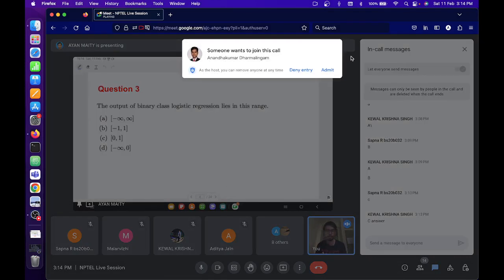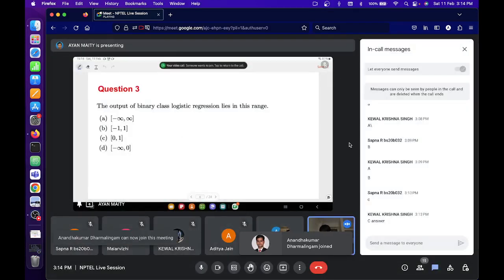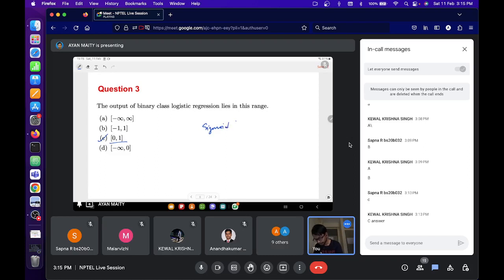Two of you have already written it in the chat, which is 0 comma 1. So in logistic regression we use this sigmoid function, which is written as sigma of z, which is equal to 1 divided by 1 plus e to the power minus z. So this is how we define this sigmoid function.